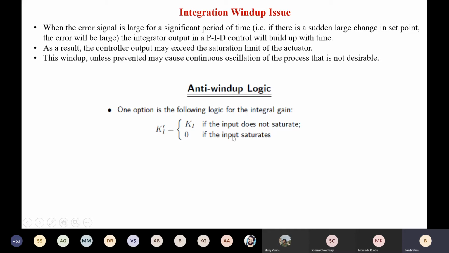If the input to the actuator or output of the controller saturates, then immediately I will make the integral action 0, because this logic I can easily write in my code. In code form I can write that, or in analog circuits also I can implement this logic. If it saturates, we will make it 0, and if it does not saturate, we will keep it as it is, so Ki will remain as it is. By using this simple logic, we can avoid the integration wind up issue.